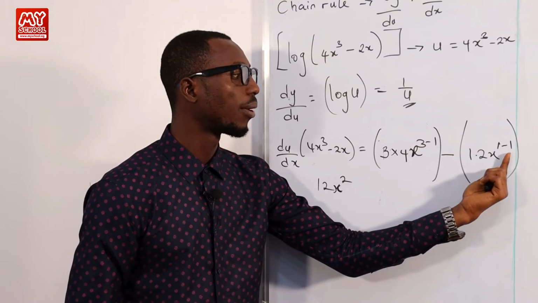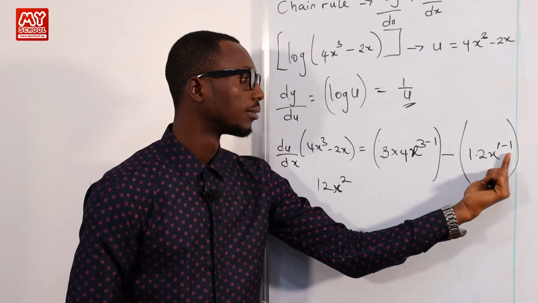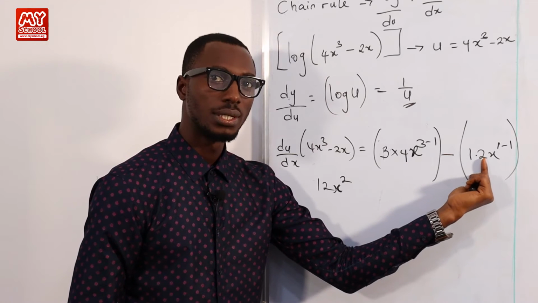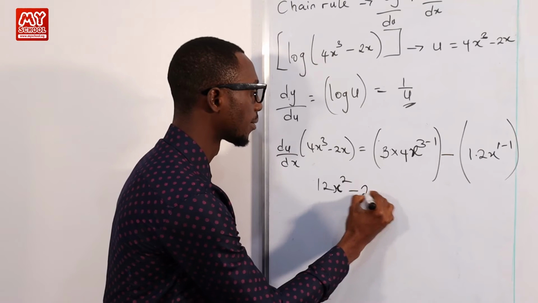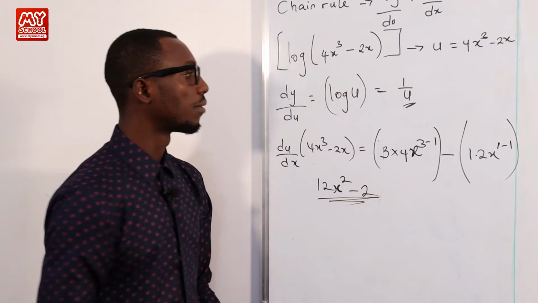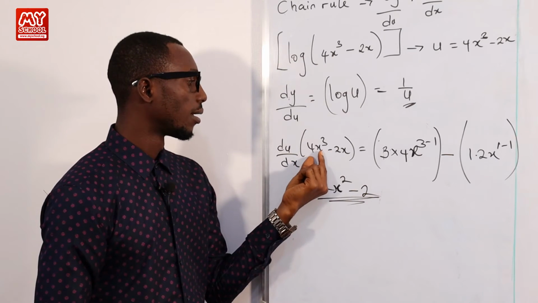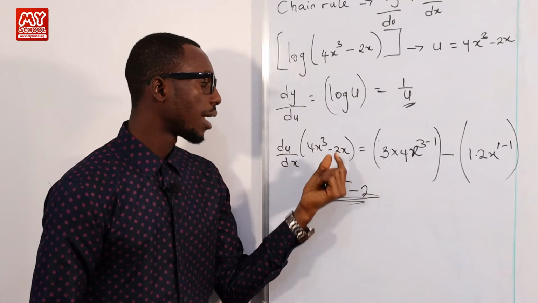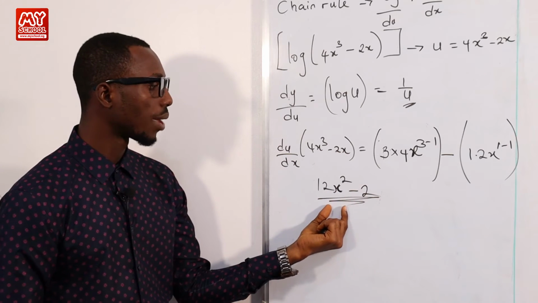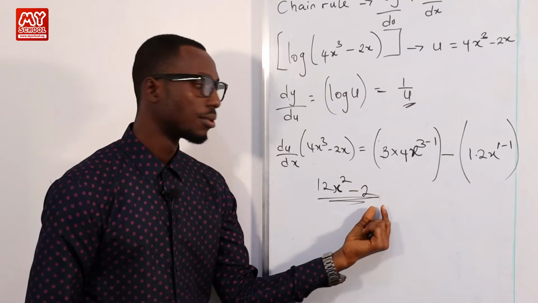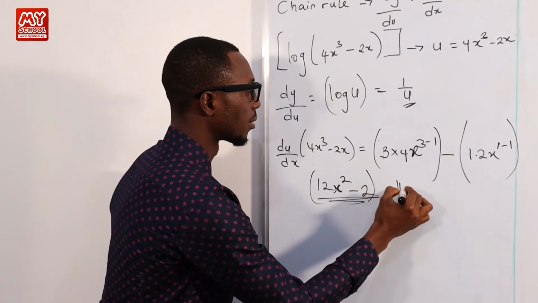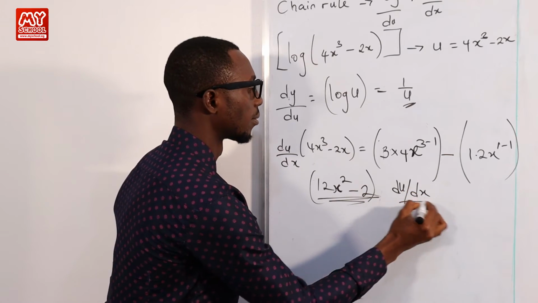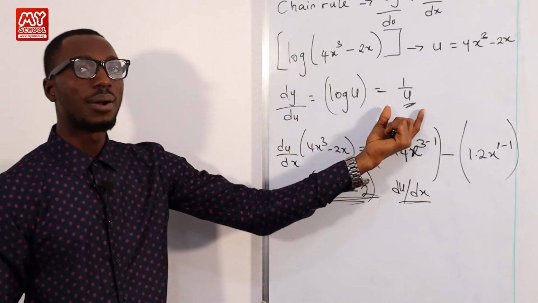So x raised to the power of 0, it's 1. So 1 times 2, that's 2. So we have the negative sign. So differentiating 4x cubed minus 2x gives us 12x squared minus 2. So this makes our du/dx, and this makes our dy/du.